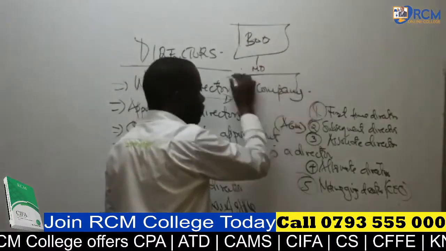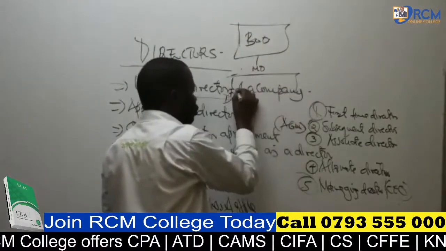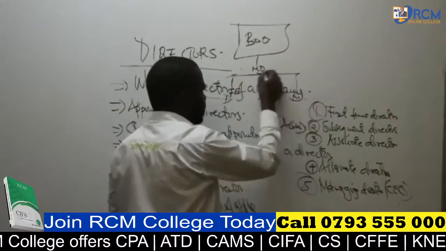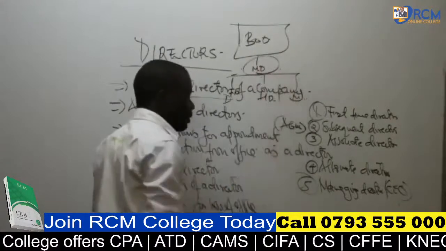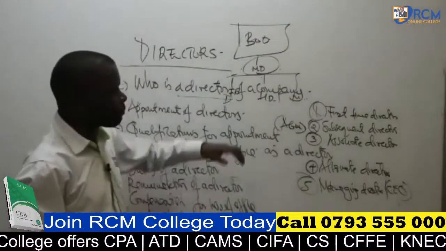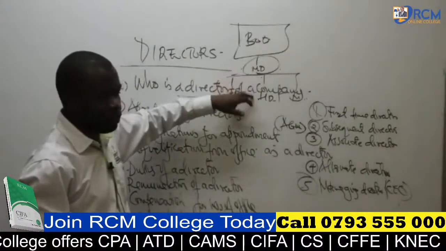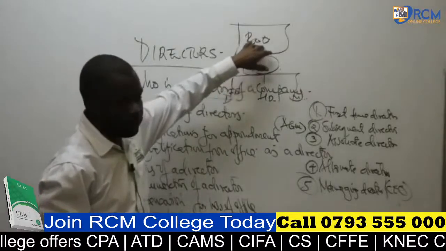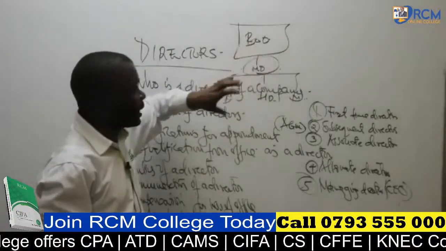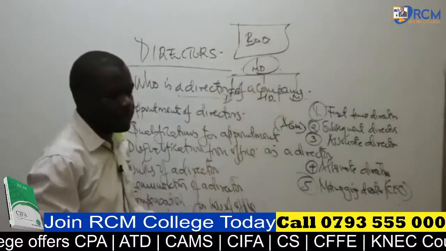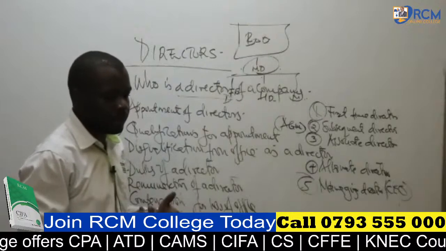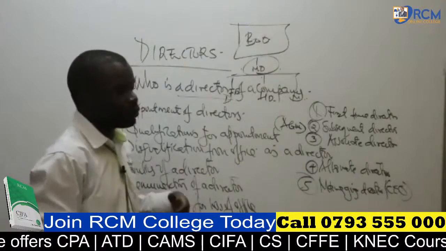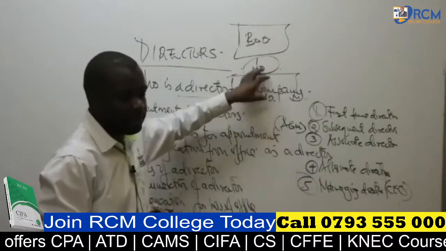Then down here, you'll find, for example, financial managers, human resource managers, marketing managers. So they sit under the managing director. He acts as a link between the company's operations and the board of directors. He sits on the board of directors and gets the strategies the board is coming up with for the company. Then he's sent out in the company to implement the strategies as the managing director.